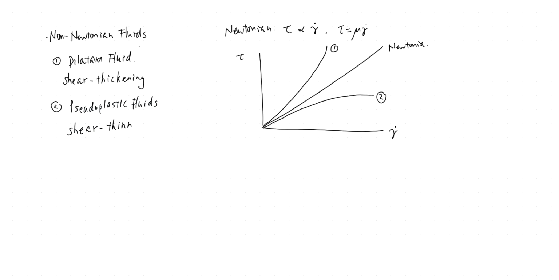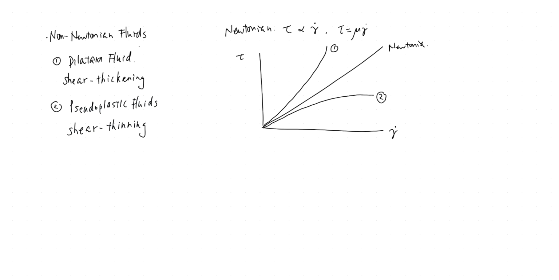So as gamma dot increases, although the viscous shear stress increases, it increases less than in a linear fashion. So the effective or apparent fluid viscosity actually decreases as gamma dot increases.